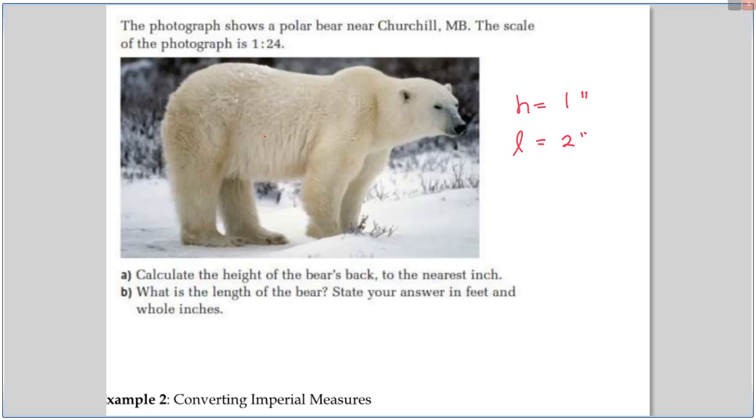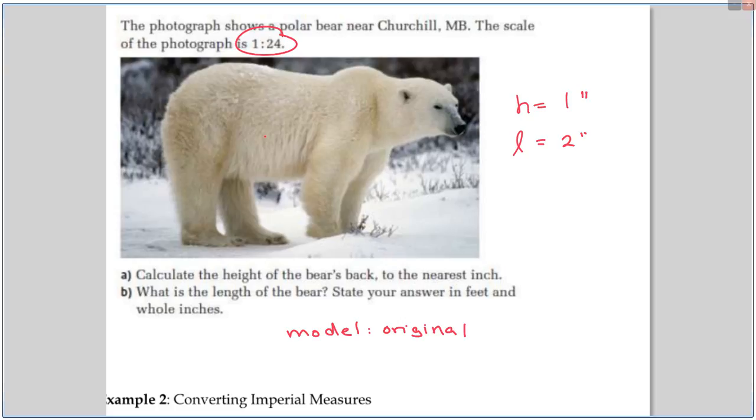Okay. Now, it says, here's the scale, 1 to 24. So, how do I use my scale? Well, for scale, it looks like this. Model goes first, original goes second. So, the model is 1, the original is 24. So, if this is 1 inch in the model, then what would you times by? 24.